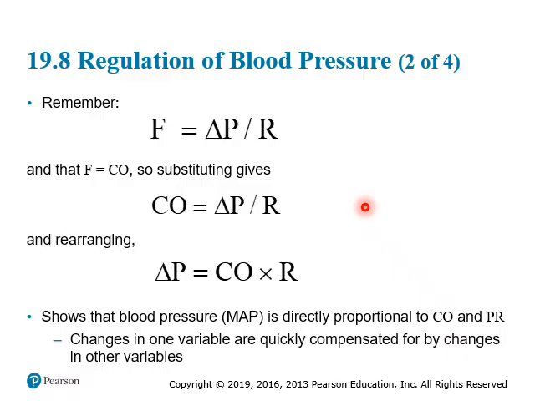So by substituting that and rearranging it, we can determine that the change in pressure is equal to the cardiac output times the resistance. It shows that the blood pressure is directly proportional to the cardiac output and the peripheral resistance. The changes in one variable are quickly compensated for by changes in other variables.